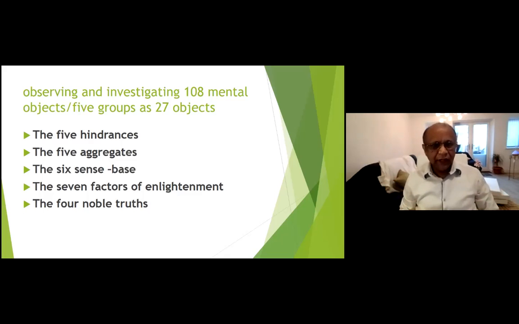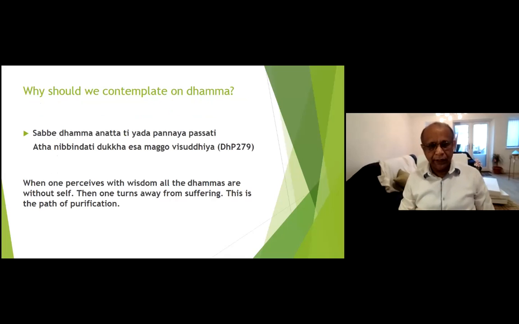Okay, then what are the 5 groups? We have 5 hindrances, 5 aggregates, 6 sense bases, 7 factors of enlightenment, and the 4 noble truths. These are the dhammas we will have to contemplate on.